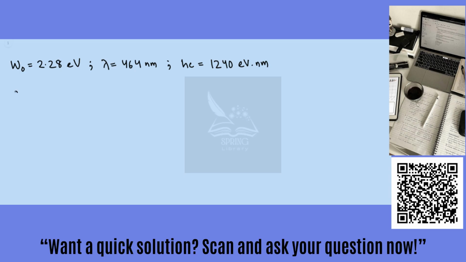So for the first part, we use equation 27.5p to calculate the maximum kinetic energy. According to this equation, the maximum kinetic energy is equal to h times the frequency minus the work function.